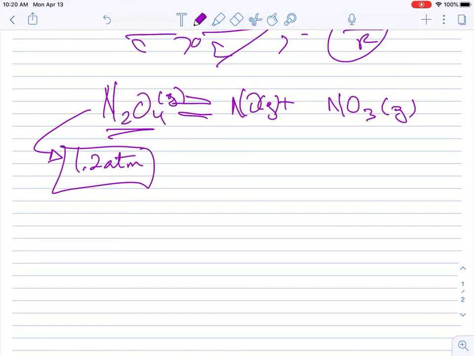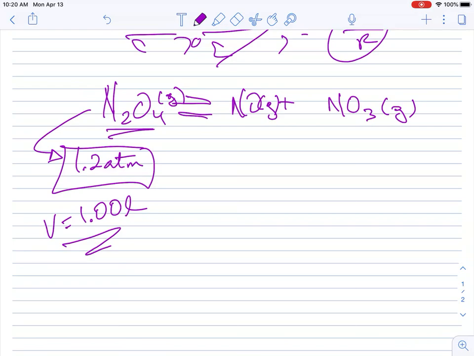Okay, again, to give you some perspective, you're probably in your house right now under an atmospheric pressure of about 1 atmosphere. So this is a little bit more than that, but not bad. Let's make it simple, and say that the tank has a volume of 1 liter.